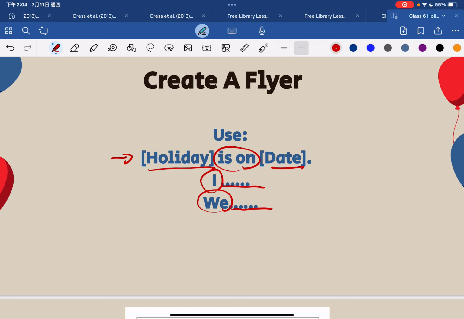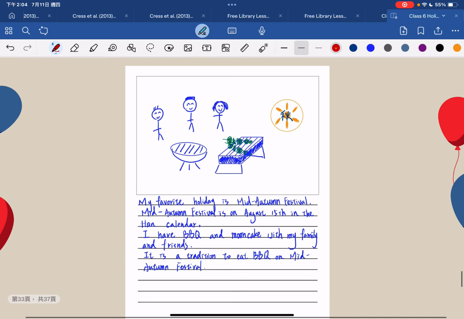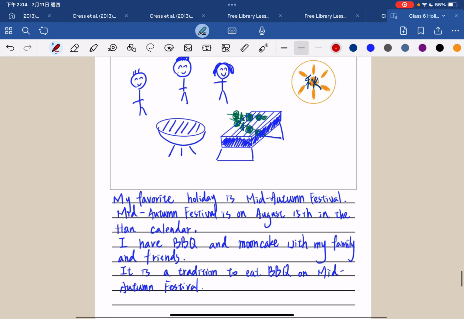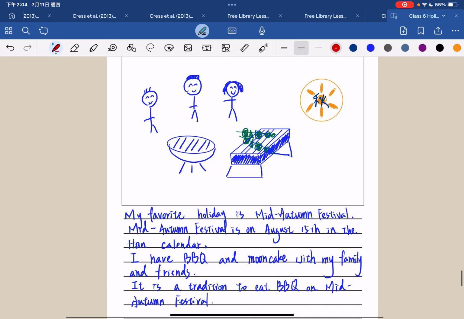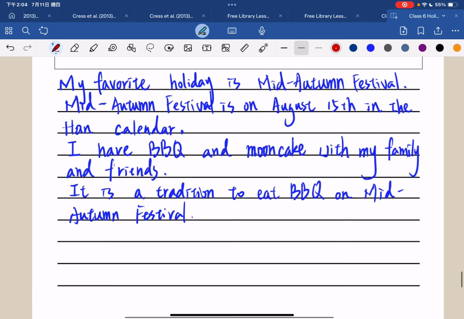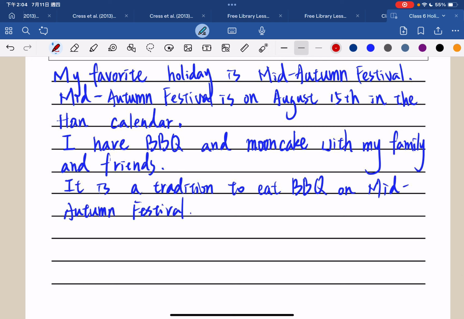And this is my example, the Mid-Autumn example. The holiday I'm going to introduce to you is Mid-Autumn Festival. First of all, I wrote down my introduction here. My favorite holiday is Mid-Autumn Festival. Then, what is the date? I follow the same pattern.